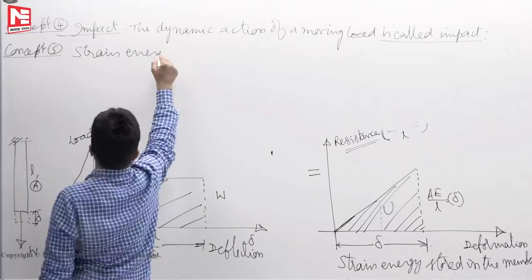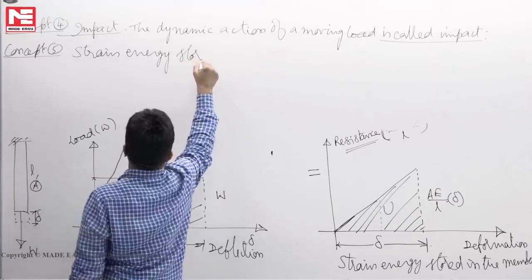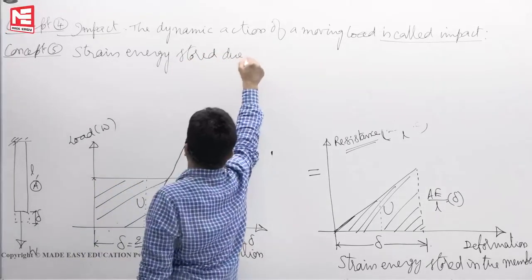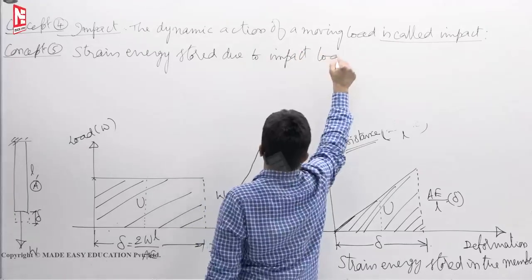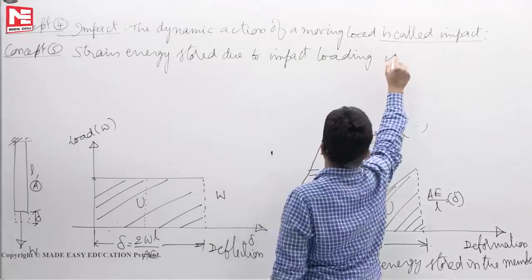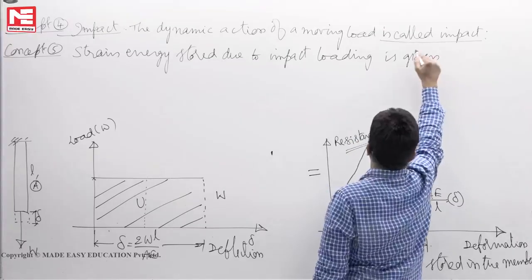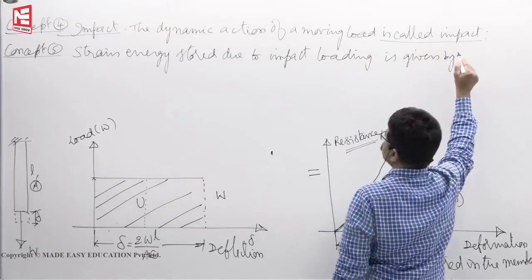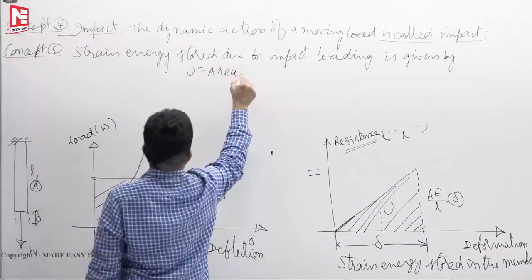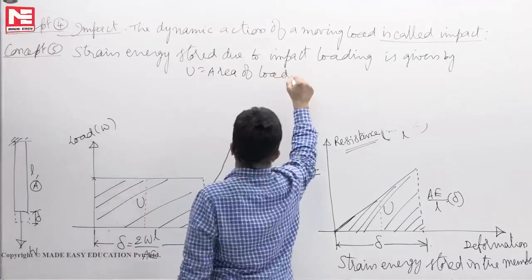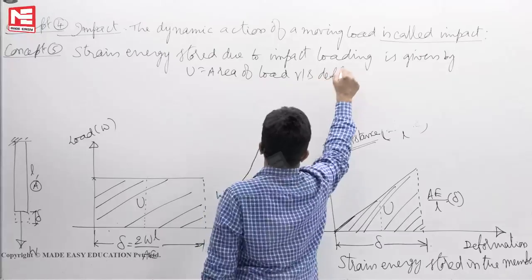Strain energy stored due to impact loading is given by, again, U is equal to area of the load versus deflection curve.